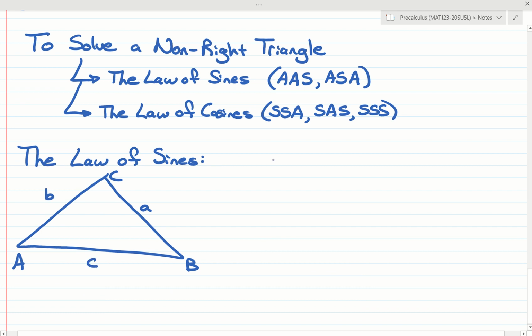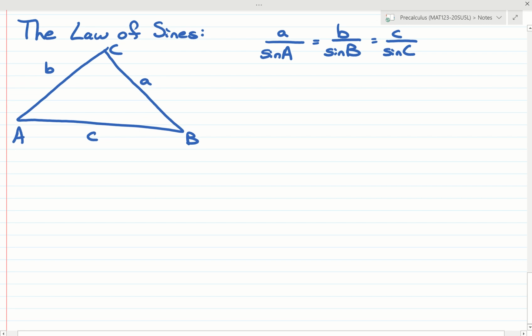The law of sines says if you take side a and divide it by the sine of angle A, you get a number. That's the same number you would get if you take side b and divide it by the sine of angle B. Because those numbers are the same, we could cross multiply and solve this proportion, allowing us to find different pieces of our triangle. Also, side c divided by the sine of angle C would be the same number.